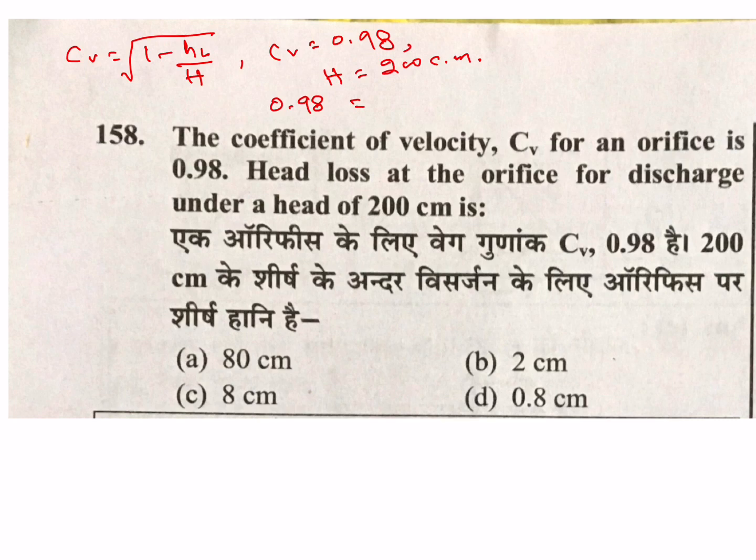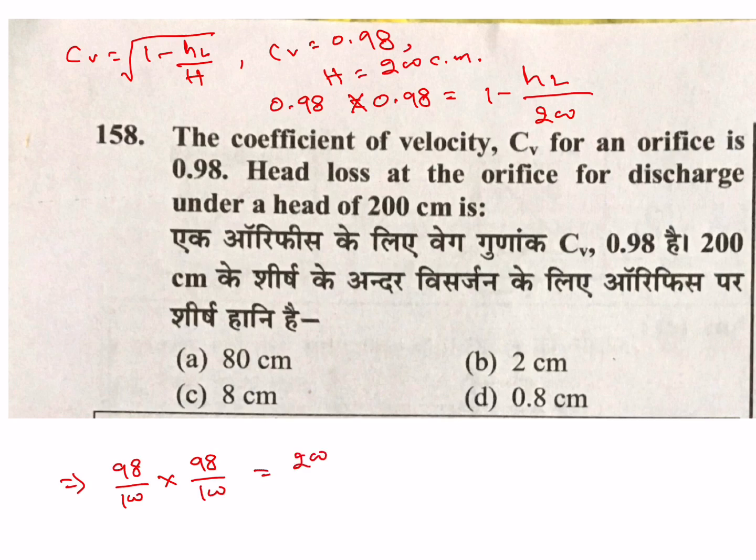0.98, just square it, no problem. It is equal to 1 minus HL, which you have to calculate, over 200, so 98 by 100, 98 by 100, equal to 200 minus HL divided by 200.